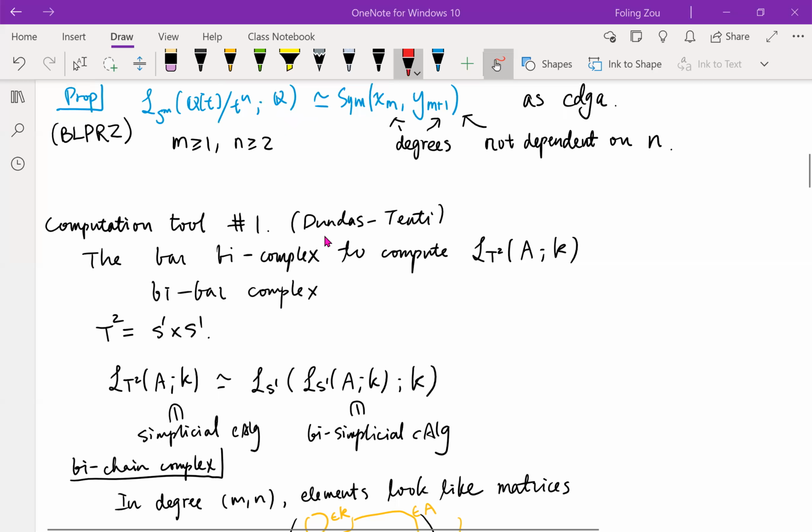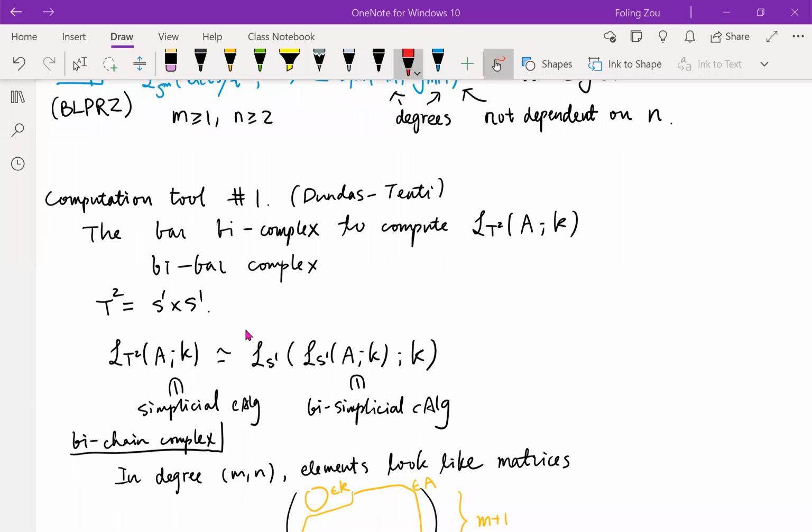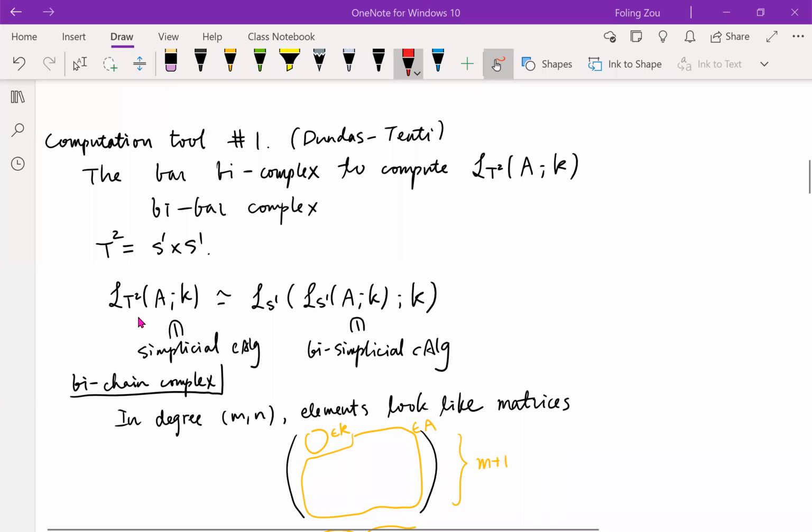And in their paper, they computed the Loday construction on the two-torus in low degrees using something like a cyclic bar complex, or bicyclic bar complex. So this is how it goes. We can think of T2 as the product of S1 and S1. And then we can identify the Loday construction on T2 with this iterative Loday construction.